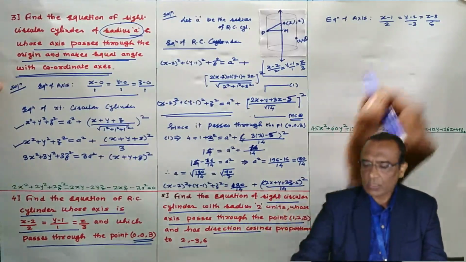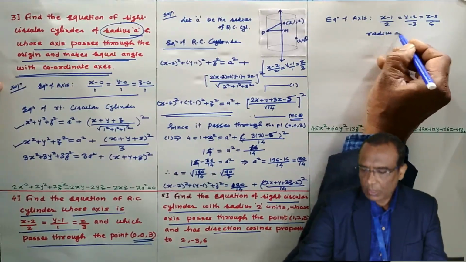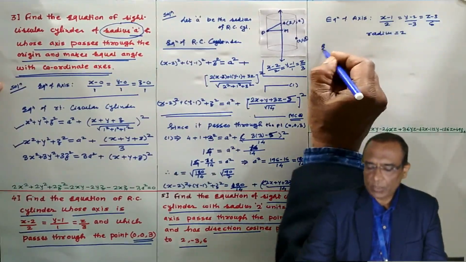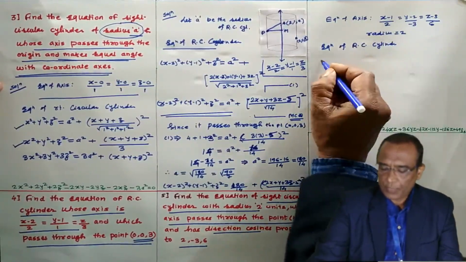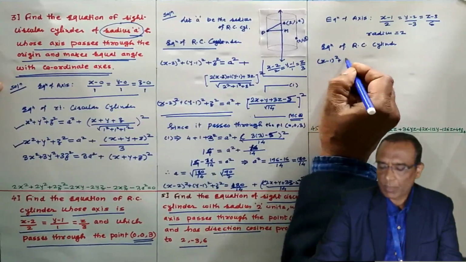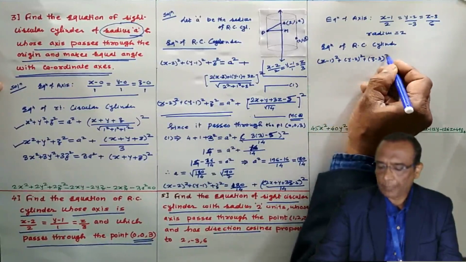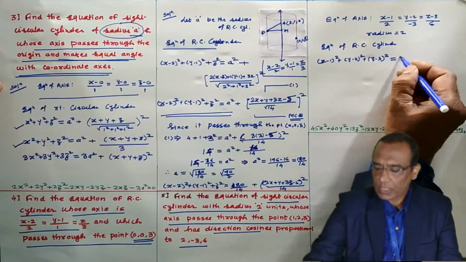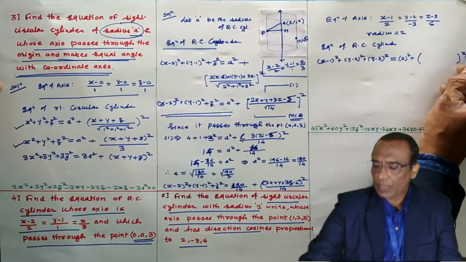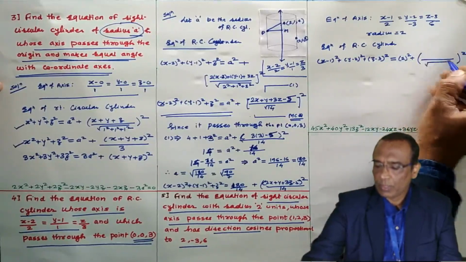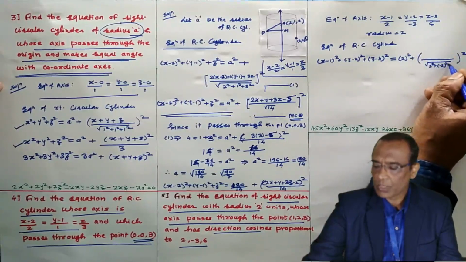So once the axis is known to you and the radius is known to you, you can easily find the equation of the right circular cylinder. How do you get the equation? (x minus 1) square plus (y minus 2) square plus (z minus 3) square is equal to radius square plus a square, now under root of 2 square plus minus 3 square plus 6 square.